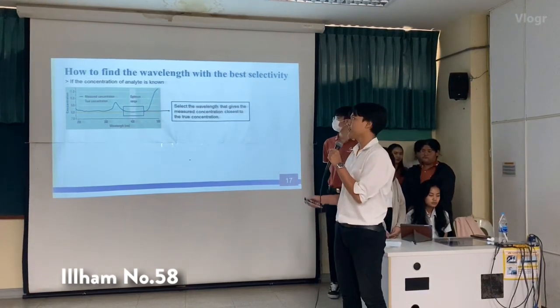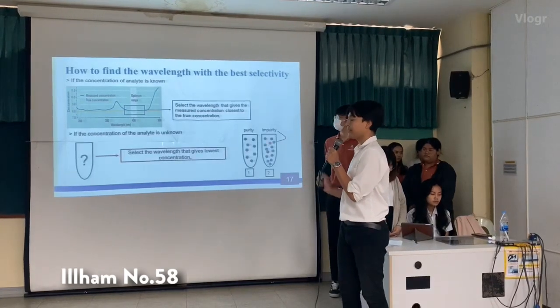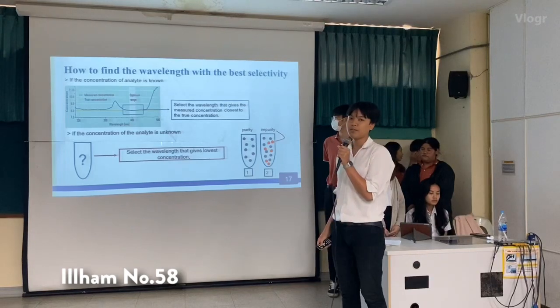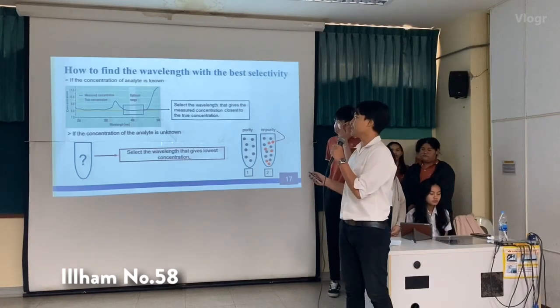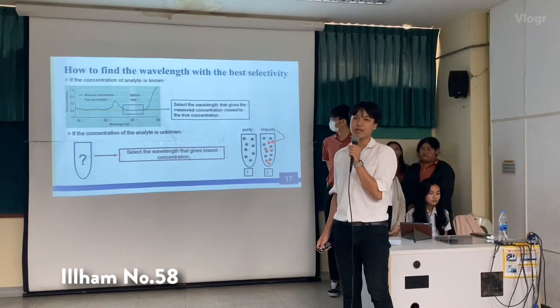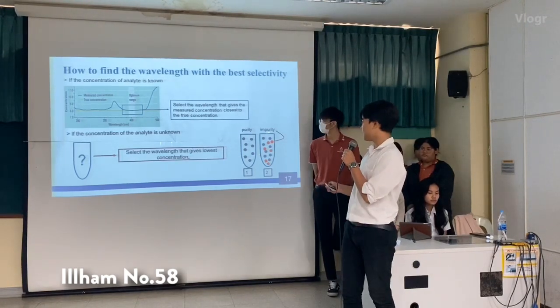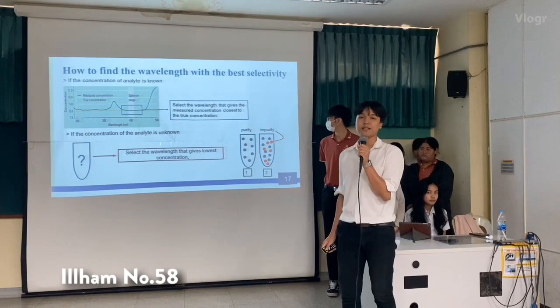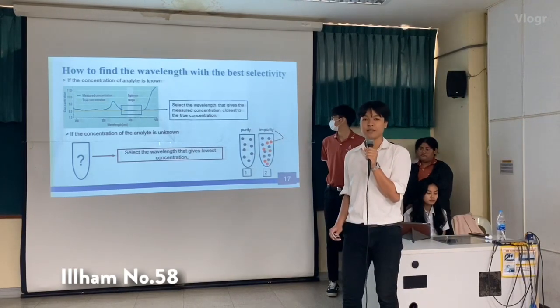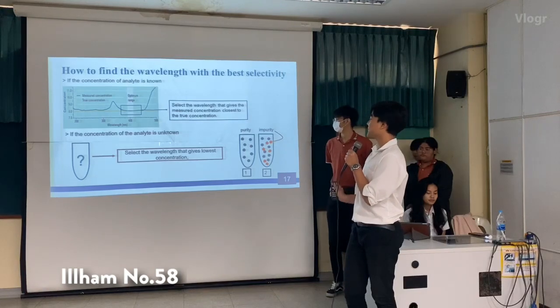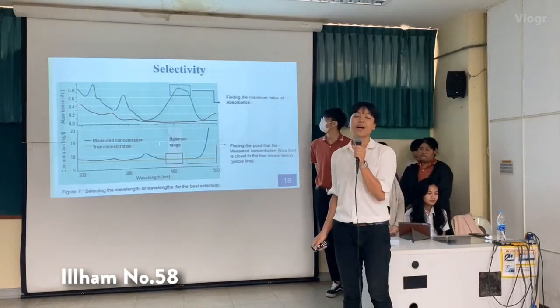And if the concentration of the analyte is unknown, the wavelength that gives the lowest concentration likely yields the best wavelength for analyzing, because the interference in the sample matrix may add more content to the sample and can affect the concentration.